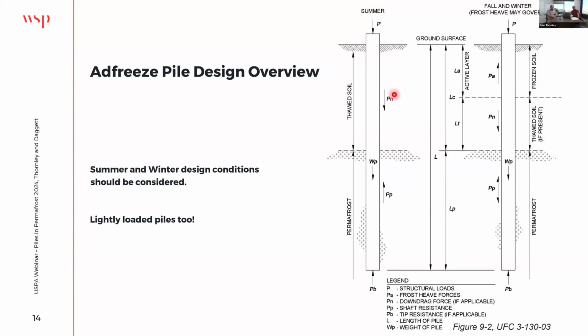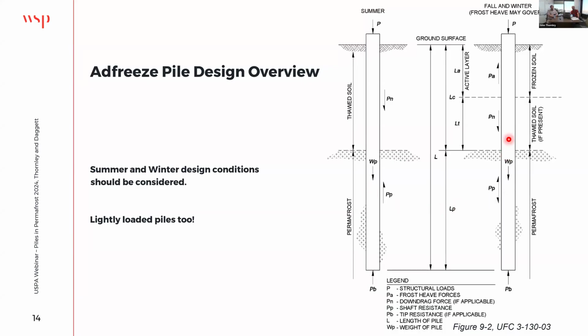In the summertime, you have a load on a pile, and that load is transferred down into the permafrost, so you have this thawed zone, that active layer, and you have the permafrost zone. In the permafrost, you may have an end-bearing component, and you'll have this adfreeze component, and those actually take the loads from the surface and the thawed soil down through the pile and into the permafrost.